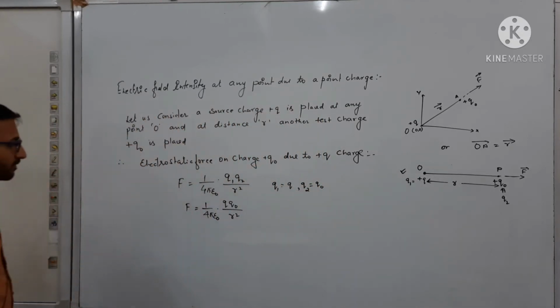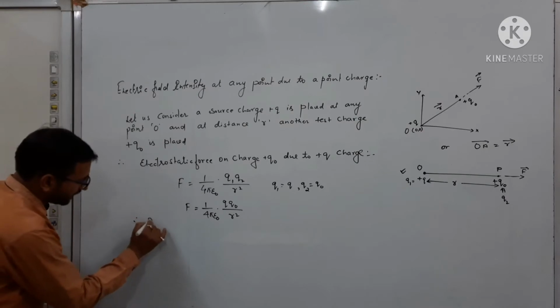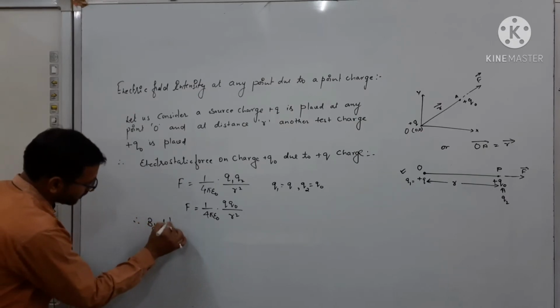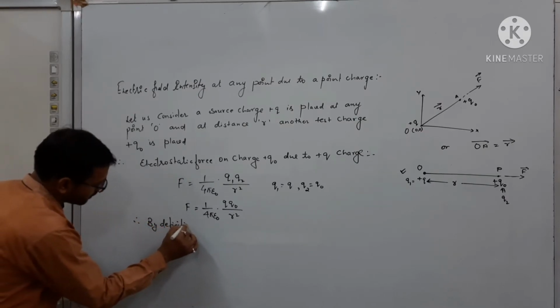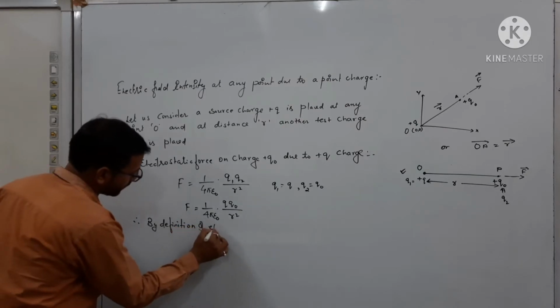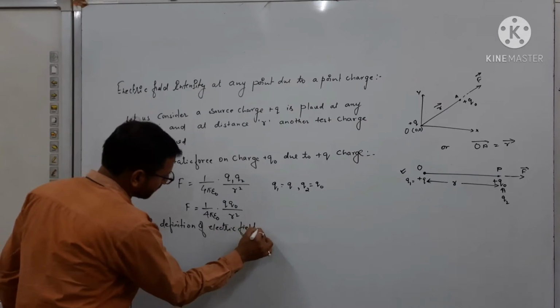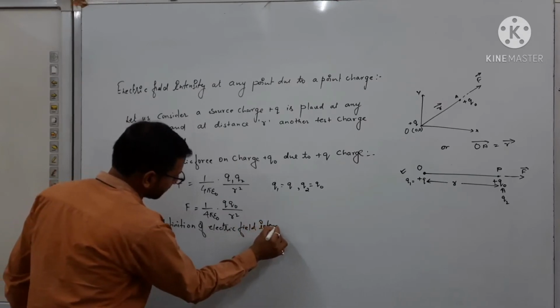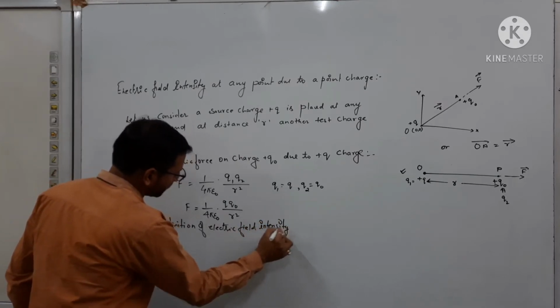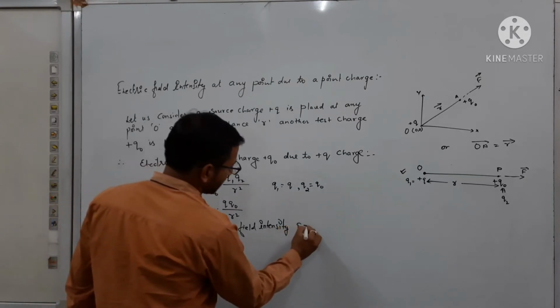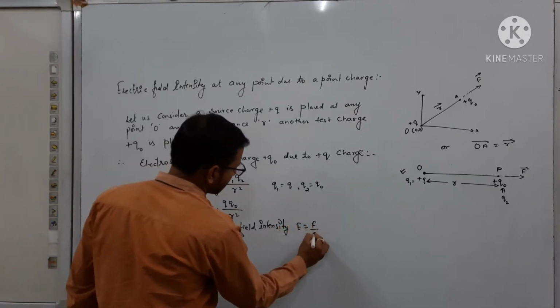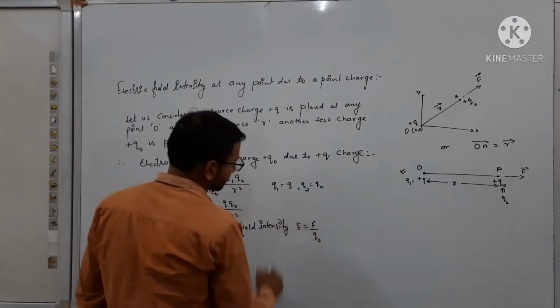Now after that we will use the definition of electric field intensity, which is E equals F over q naught.